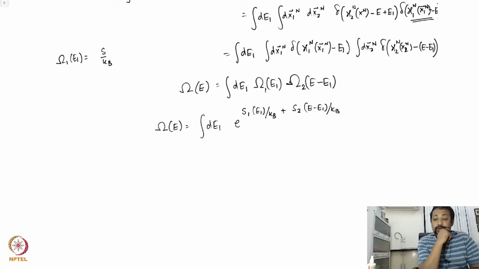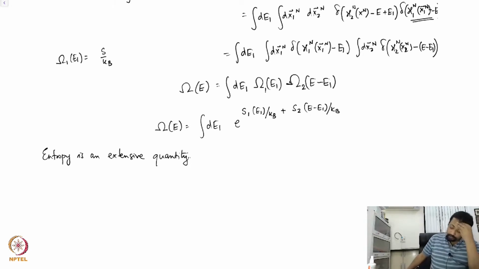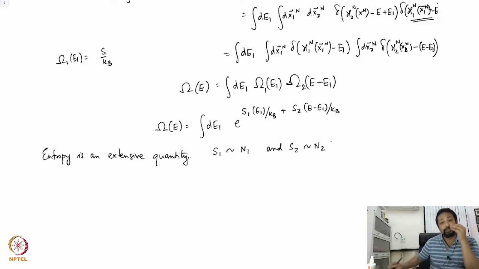Now, entropy is an extensive quantity, right? So therefore S1 is proportional to N1 and S2 is proportional to N2, with the understanding that both N1 and N2 are very large.